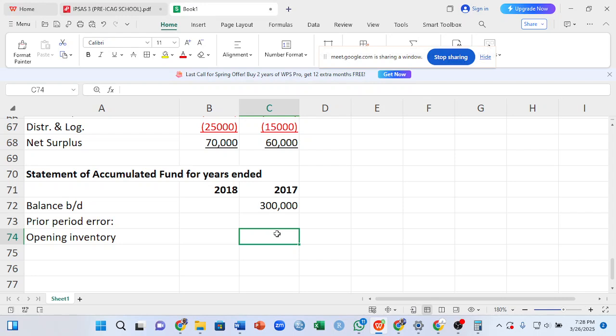It's supposed to increase our profit so that when we deduct the closing stock, it reduces it to the actual level. We have to add to increase profit. If you are adding here, it means it's supposed to increase our profits, meaning our profits will have been understated if not for the opening inventory, right?